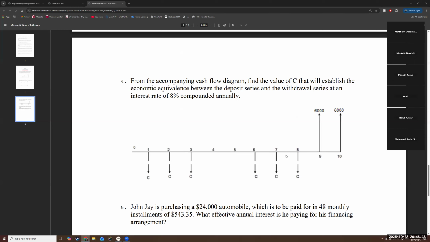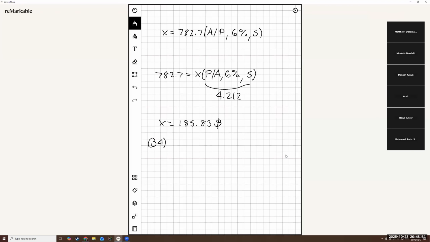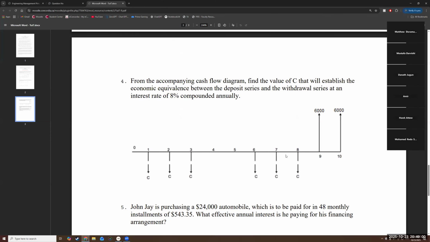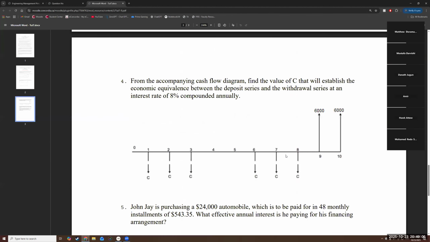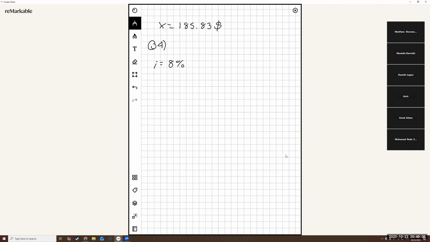Okay. So let's do what we said. So we're gonna consider that, first of all, what's our interest? 8% interest. Okay. As I said, present worth of this is equal to 0.